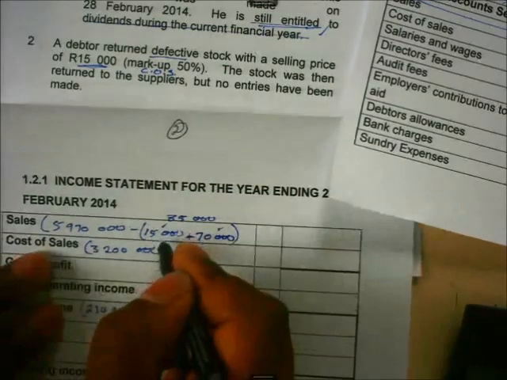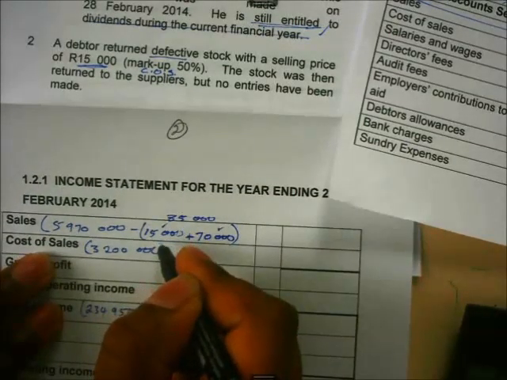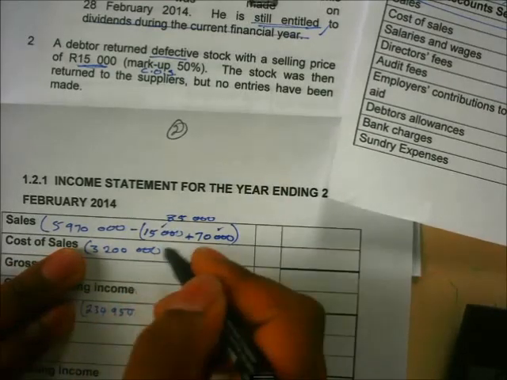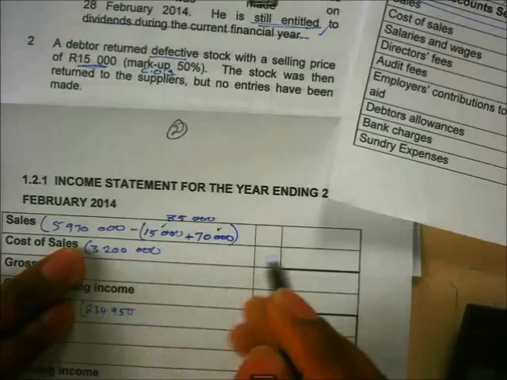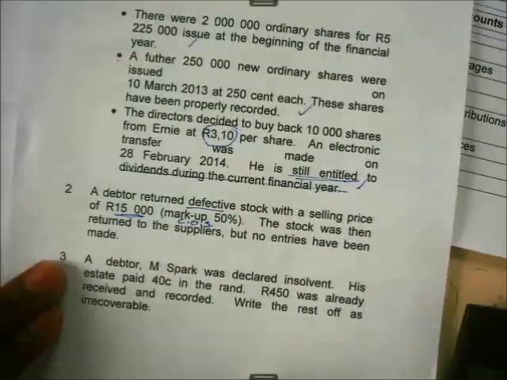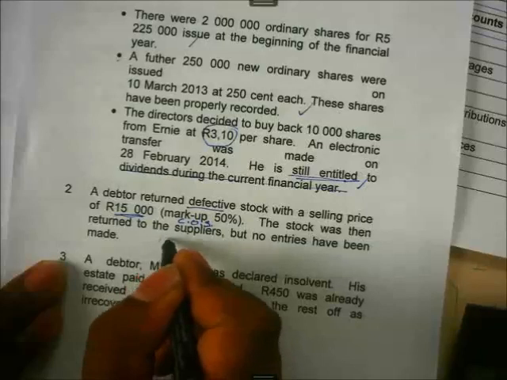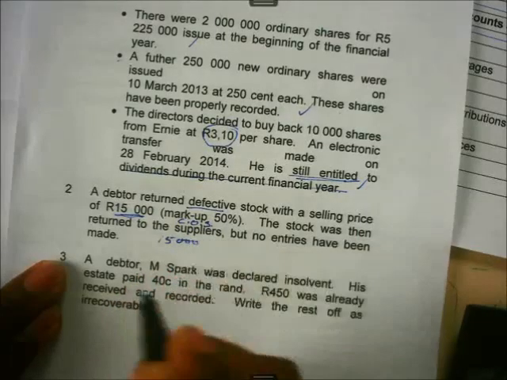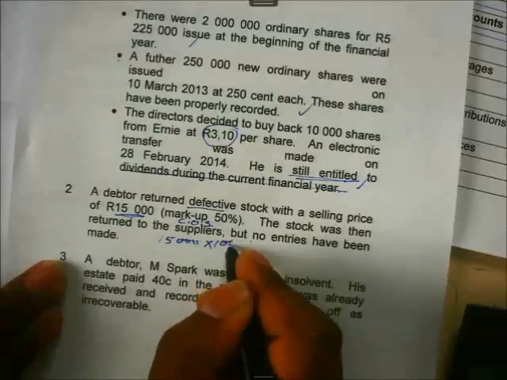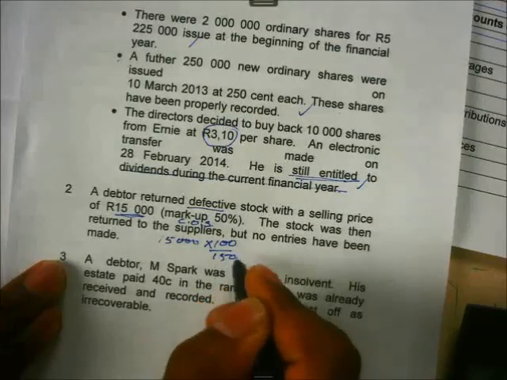But now with this 15,000, because they were returned, we must also decrease the cost of sales because this was not recorded. And how are we going to get the amount of the cost of sales? We go back to our adjustment. We take the 15,000. We want to calculate the cost price. We multiply by 100 over 150.